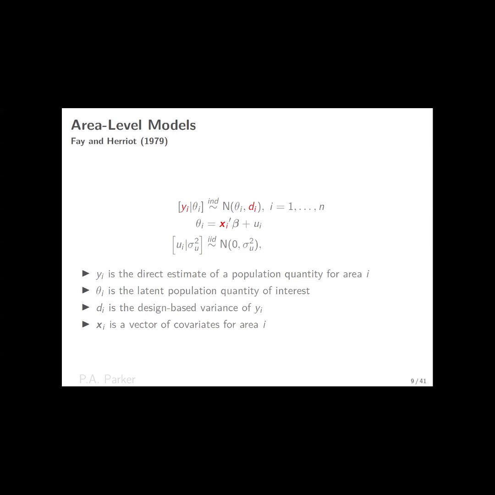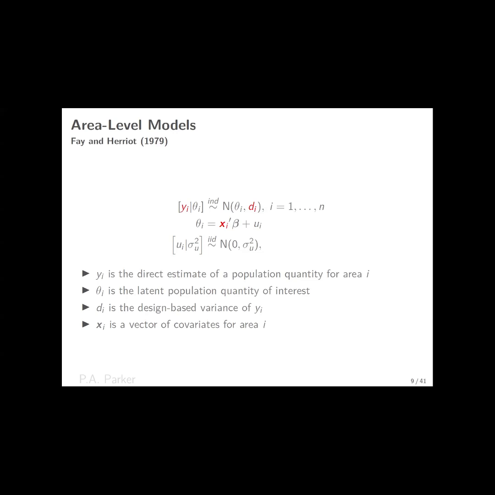So y is a direct estimate, like a Horvitz-Thompson estimator. It's normally distributed around theta, and the variance is d sub i, the design-based variance of y. When we construct a direct estimate, we can also estimate the variance of that direct estimator, and that's d.